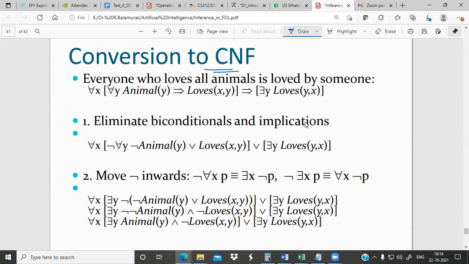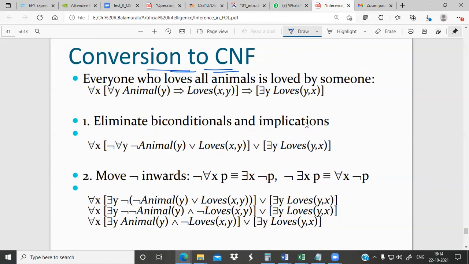Here we'll discuss one example of how to convert a sentence to CNF if it is originally not in CNF.